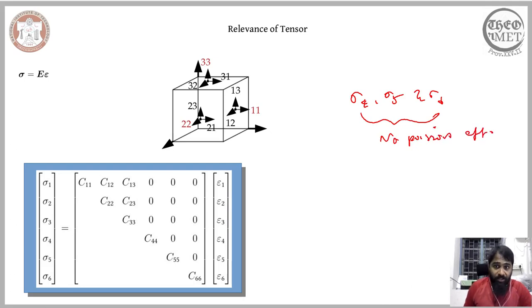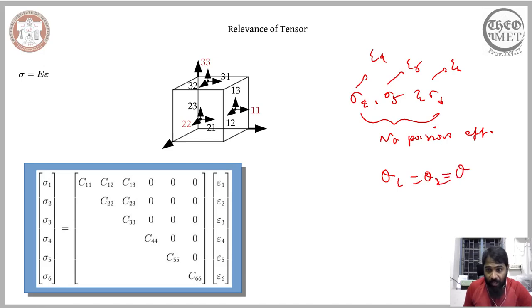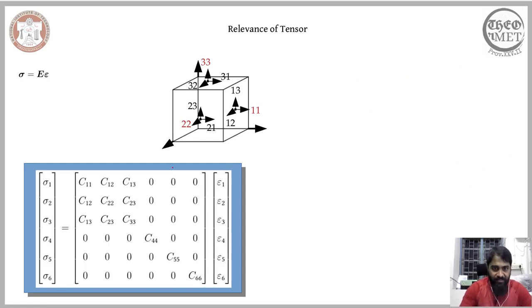So ultimately they will end up giving us the corresponding strain of epsilon 4, epsilon 5 and epsilon 6. Again, this lack of Poisson's effect in combination with the orthogonality between the crystallographic axes gives us such a stiffness tensor.